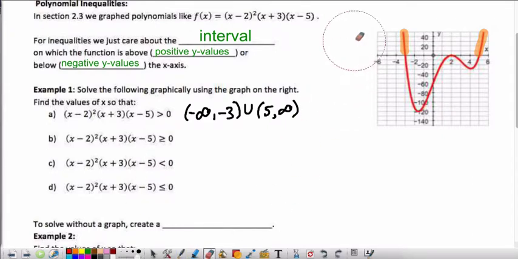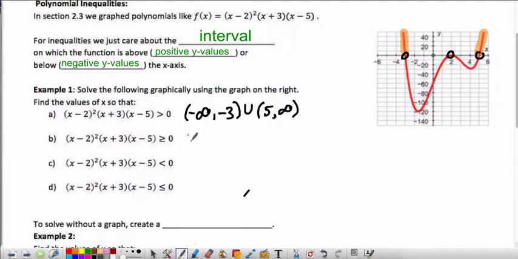Okay, so now we want to see where it's greater than or equal to. It's still the same spots as far as highlighting, except now we're also going to include these points here. And I want you to notice, greater than or equal to 0, well, it's equal to 0 here, it's equal to 0 here, and it's equal to 0 here.